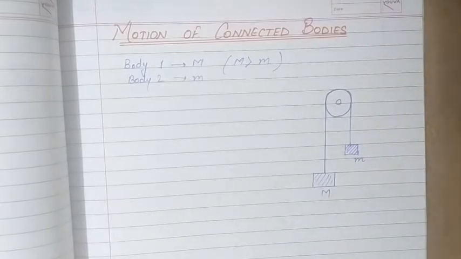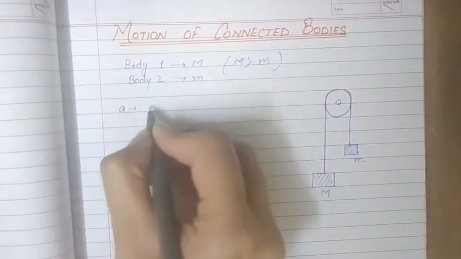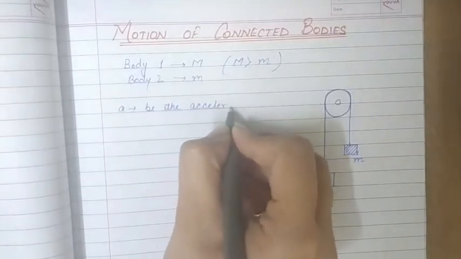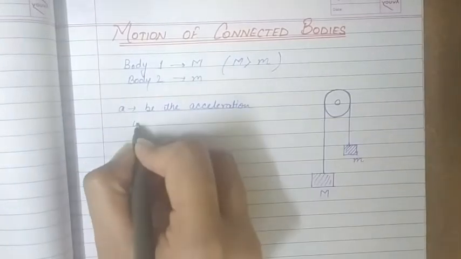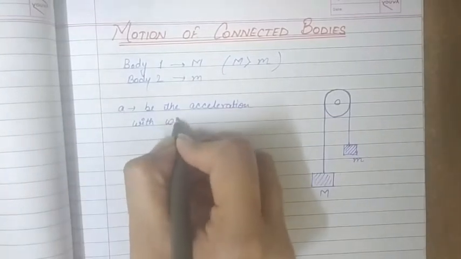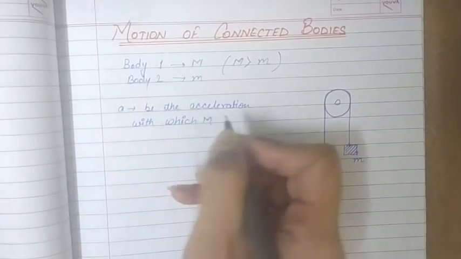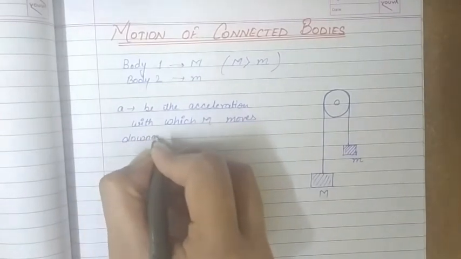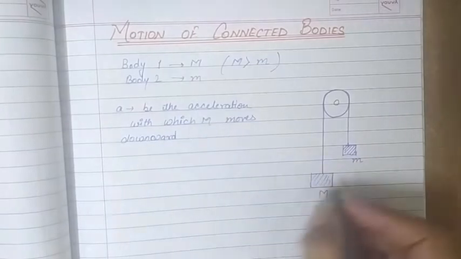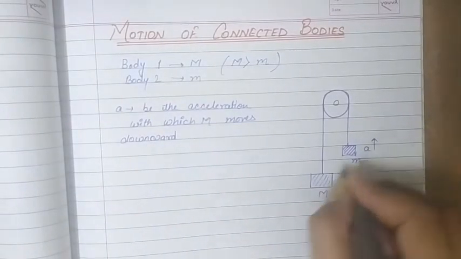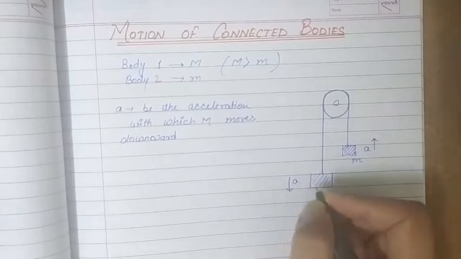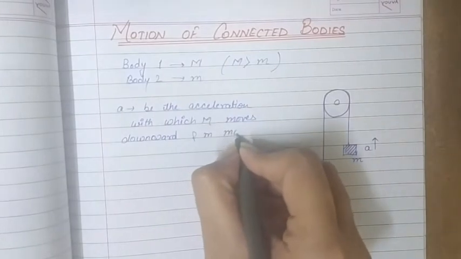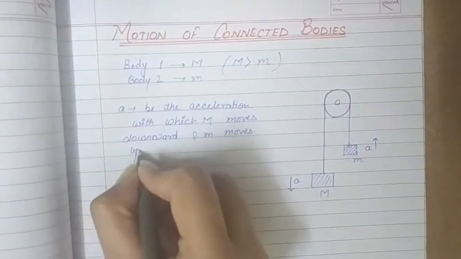So I am assuming that small a is the acceleration with which capital M moves downward, then this will be the same acceleration with which small m goes upward. So capital M moves downward and small m moves upwards. This is the situation.